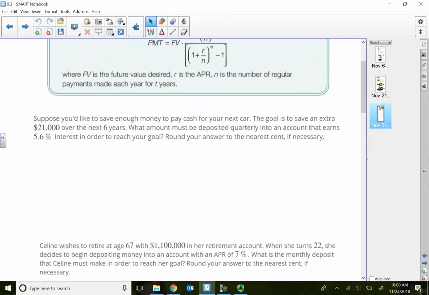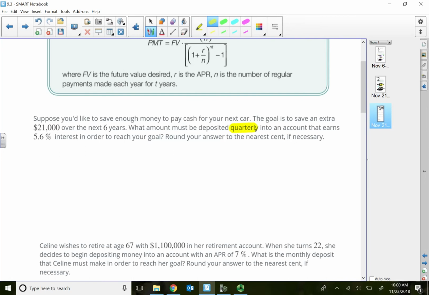So let's say, suppose you'd like to save enough money to pay cash for your next car. We talked about car payments before. The goal is to save $21,000 over the next 6 years. What amount must be deposited quarterly? Right here, quarterly.